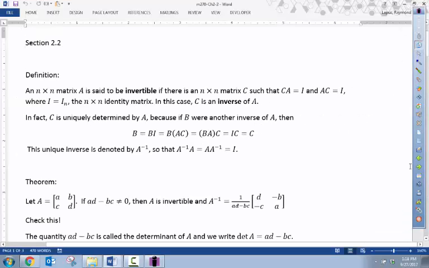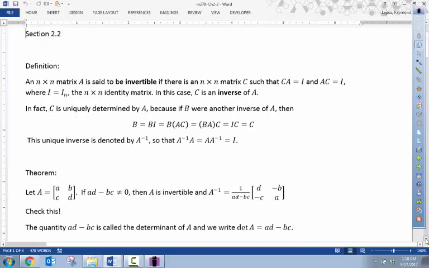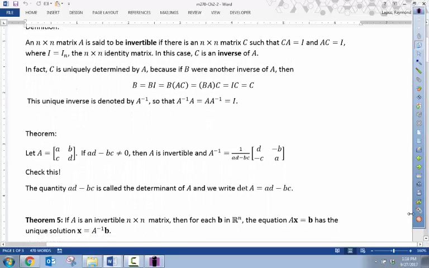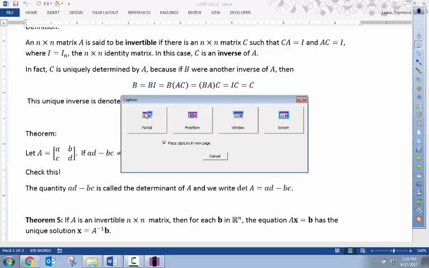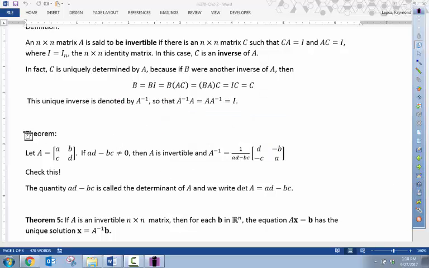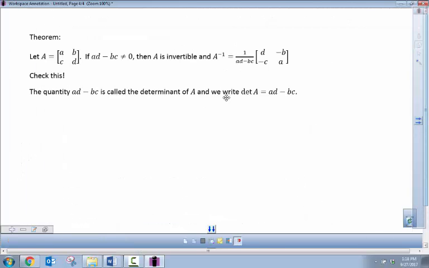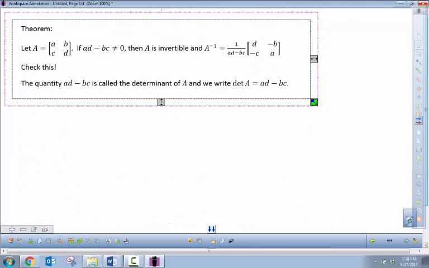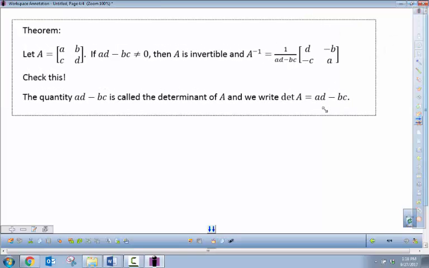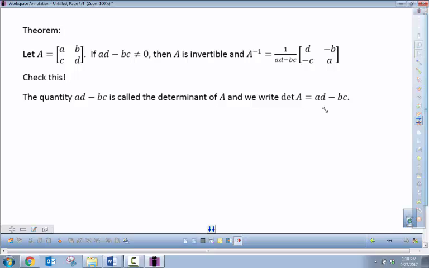So the inverse for a 2x2 matrix turns out to be a nice formula where it follows a pattern.